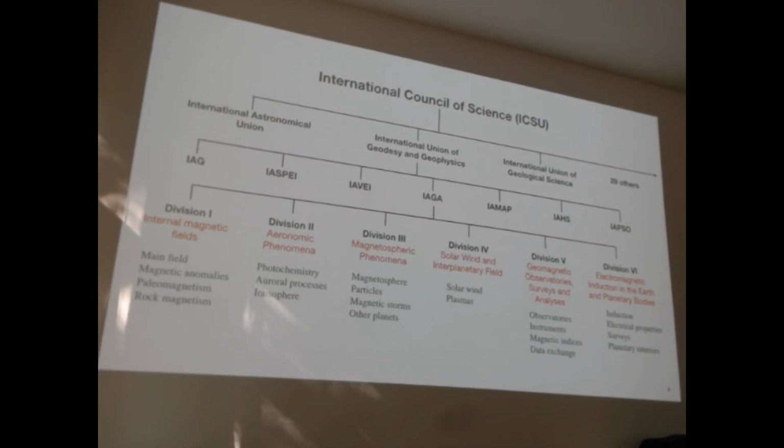So, there's a thing called ICSU, the International Council of Science Organizations Unions, and there are 32 different unions. We're part of the IUGG, the International Union of Geodesy and Geophysics.